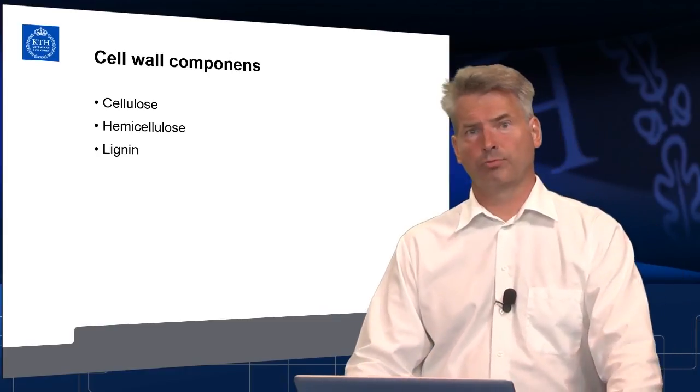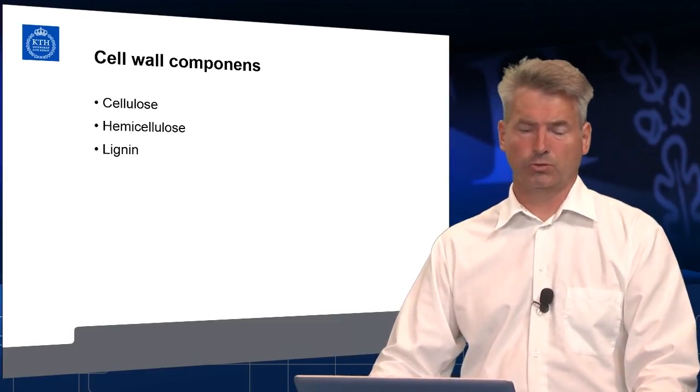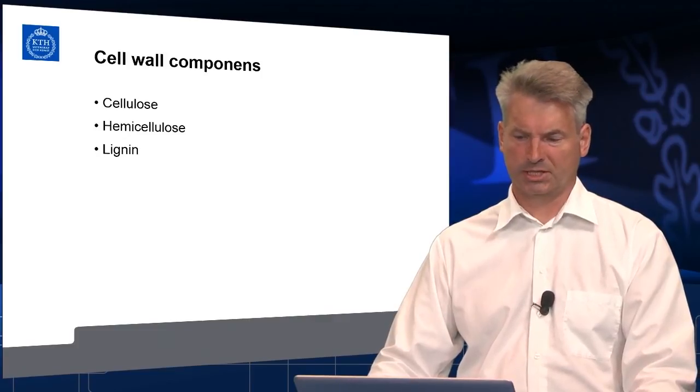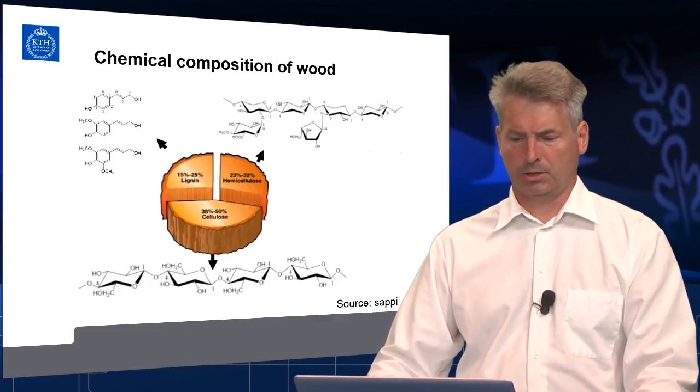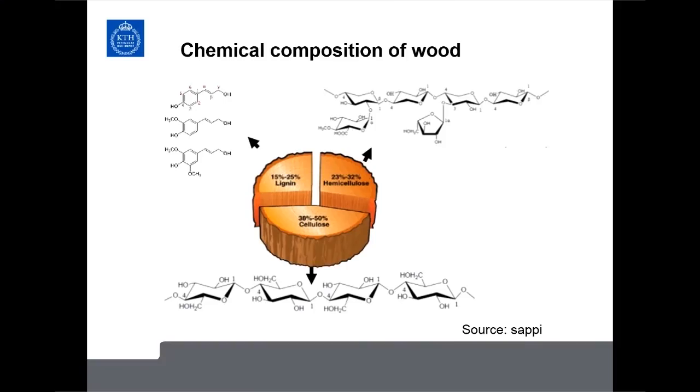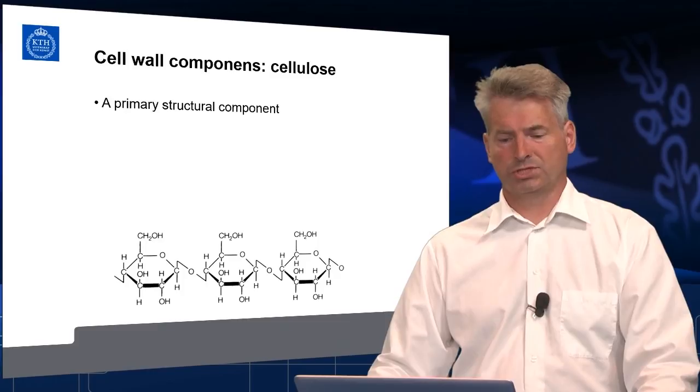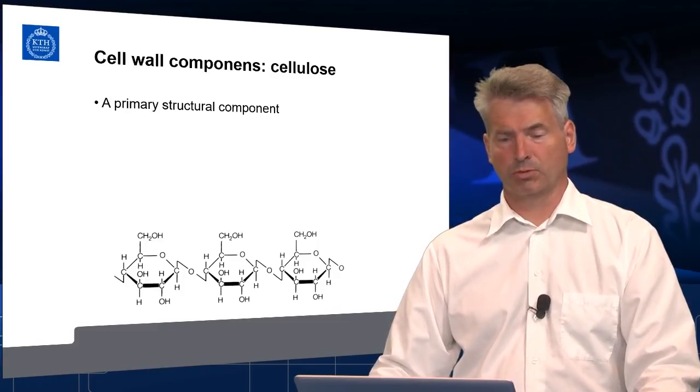The cell wall components are cellulose, hemicellulose, and lignin. In wood, these are the main components, where cellulose is the main one. Almost 50% of wood consists of cellulose. In wood, cellulose is the primary structural component.